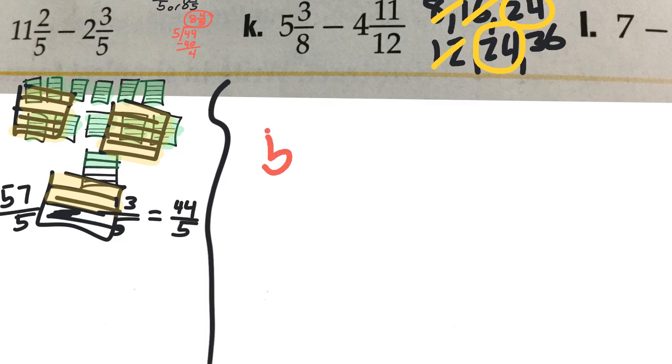So this would be 5, and instead of 3/8, I want it to be over 24. So how did I get from 8 to 24? Multiply by 3. So I have to multiply the top by 3. 3 times 3 is 9. And now the next one is 4 and 11/12.